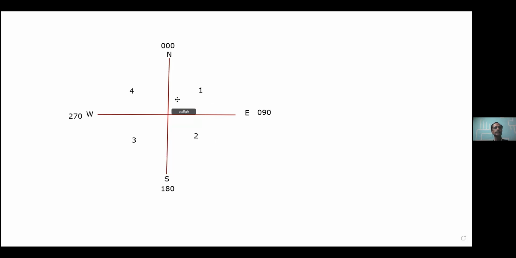So 90 plus 90 is how much? 180. In the third quadrant, again it is 90. So 180 plus 90 is 270. And again it is 90 from 270 to this angle. 270 plus 90 is 360.